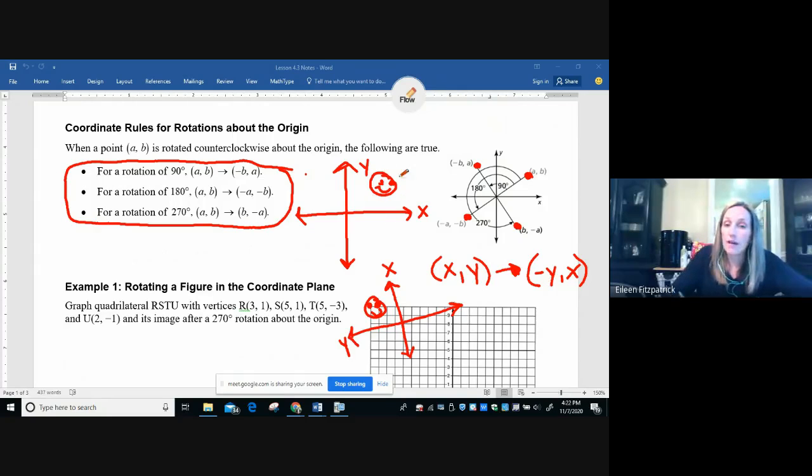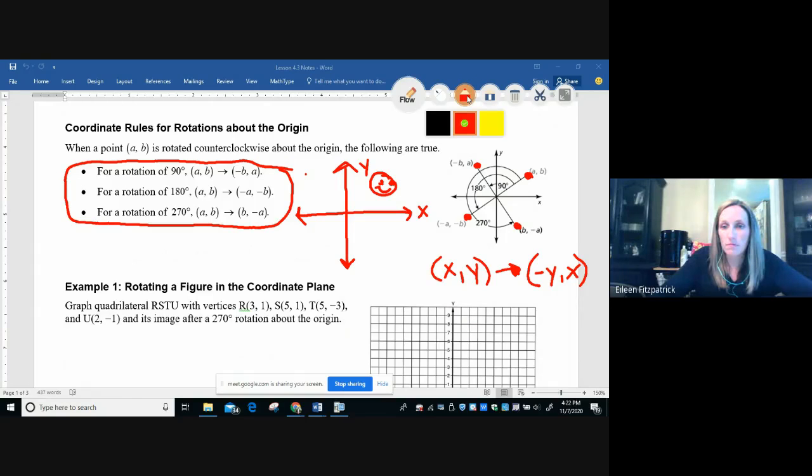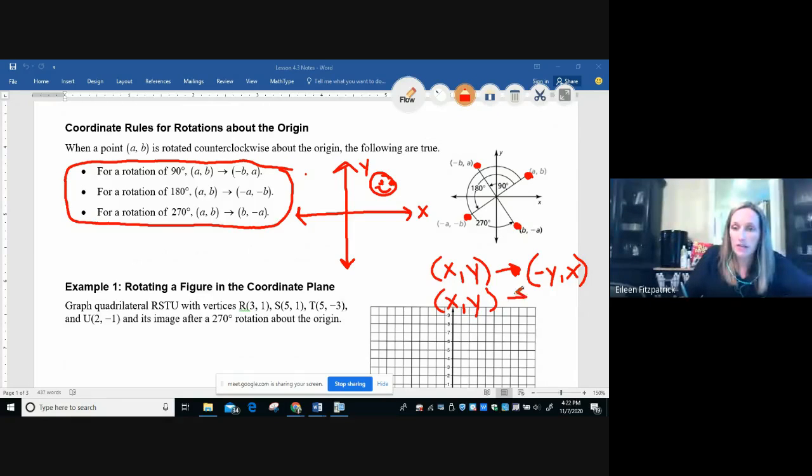All right, if I wanted to rotate my smiley face into the third quadrant, 180 degrees, what would that look like? Let me erase a little bit of what I have for a second. So if I rotate 180 degrees from the original, your smiley face is now in this quadrant.